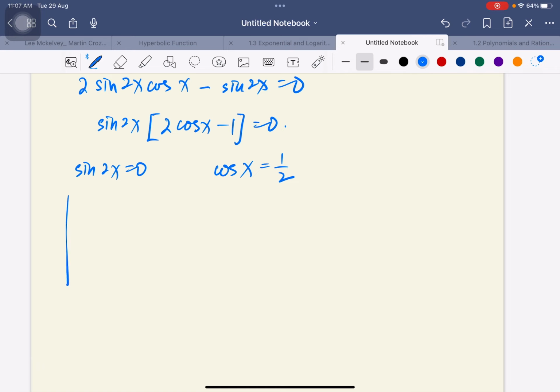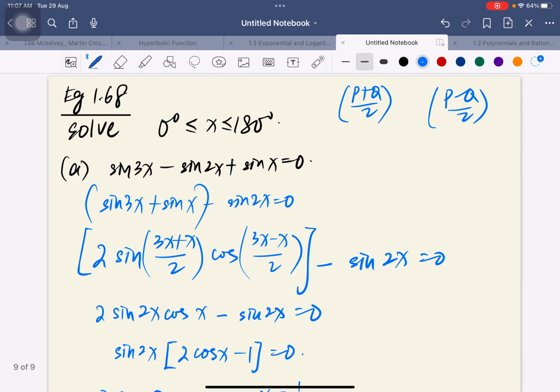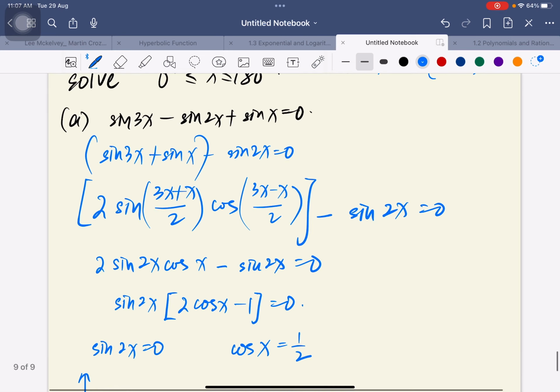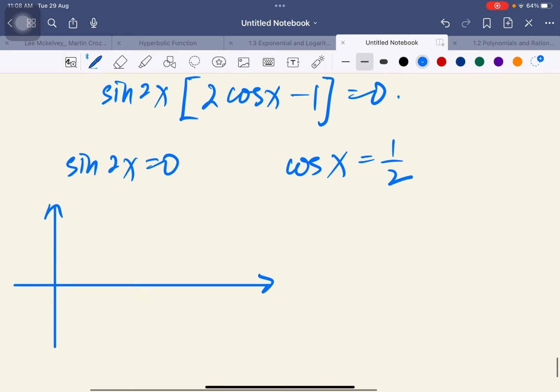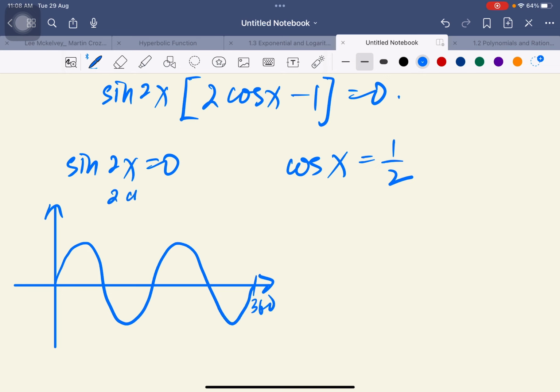Because of 2x, there will be 2 cycles in the range of 360 degrees, instead of the normal 1 cycle.